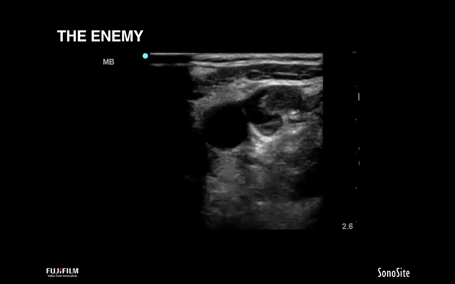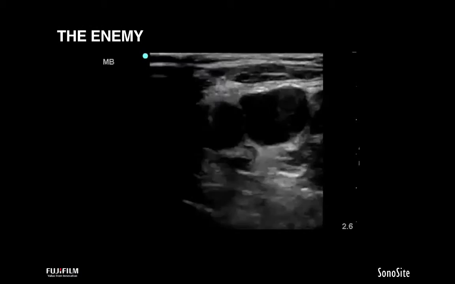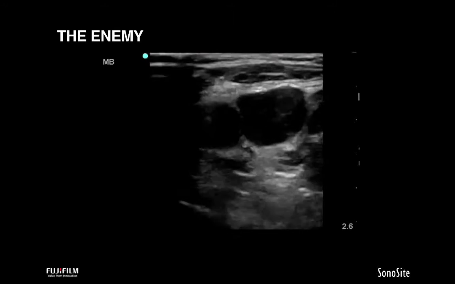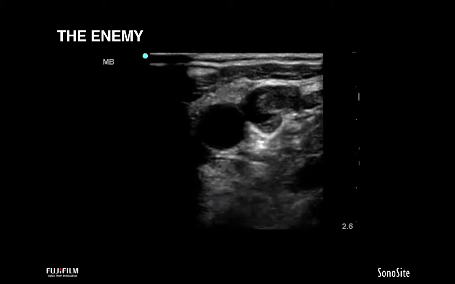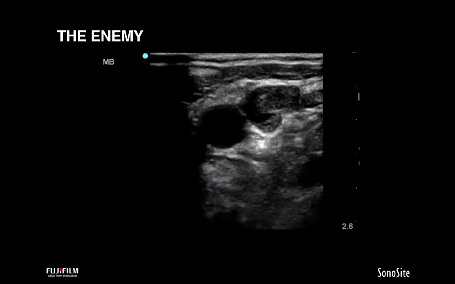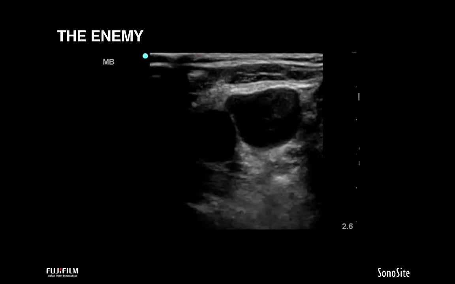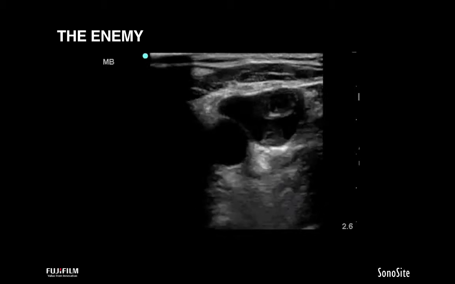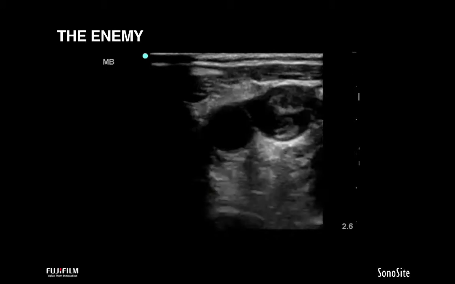Here is an example of the dreaded thrombus. This case in particular is an internal jugular thrombus, and again it supports the utility of ultrasound. For me this is an excellent application, which is just surveilling or looking at the vein before you insert a catheter.